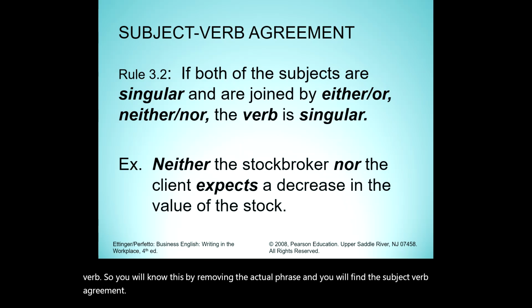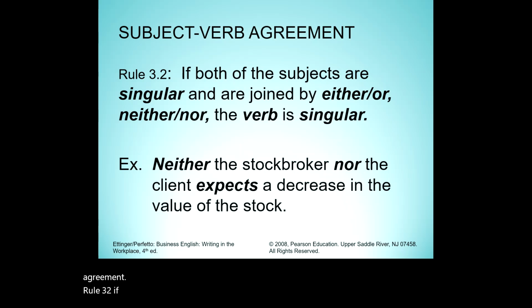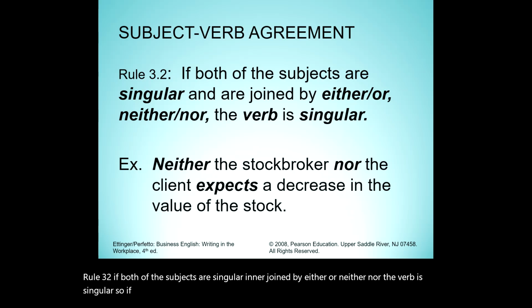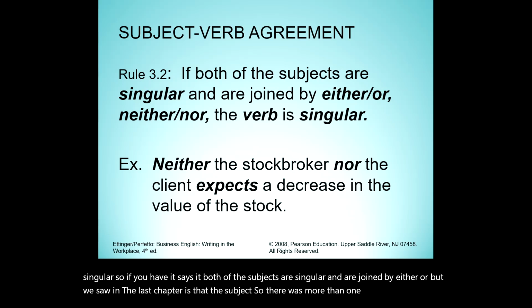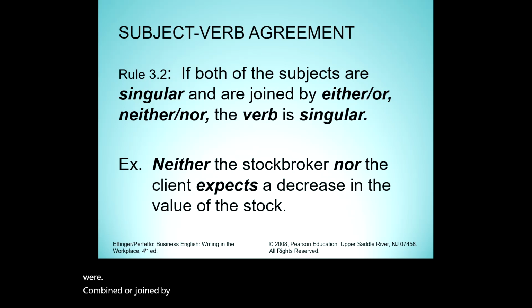Rule 3.2, if both of the subjects are singular and are joined by either or, neither nor, the verb is singular. So if you have, like it says, if both of the subjects are singular and are joined by either or, we saw in the last chapter that if there was more than one subject and they were combined or joined by and, then it is plural.